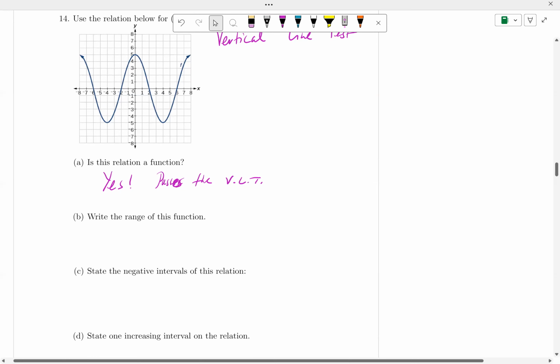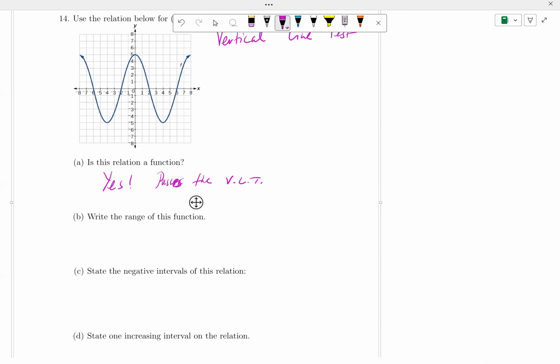Write the range of this function. Again, folks, remember, range is dealing with the y-axis. It basically asks you to go from the lowest part of the graph to the highest part of the graph. For our equation, this is the lowest part of our graph, and this is the highest part, which means we can state those y values. -5 is the lowest, +5 is the highest.